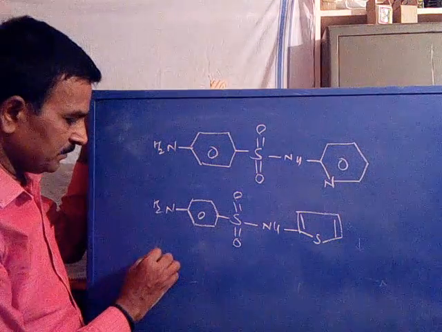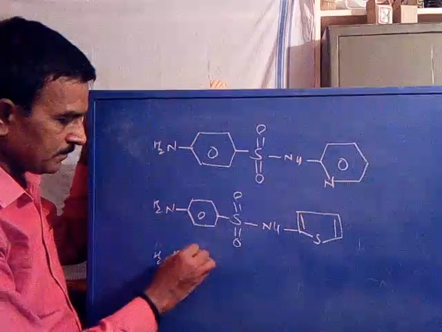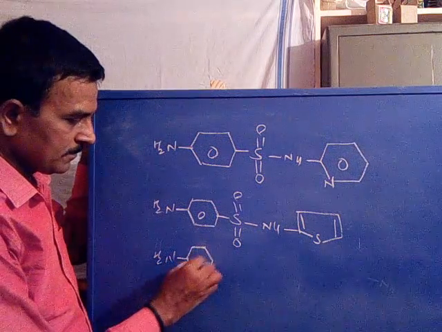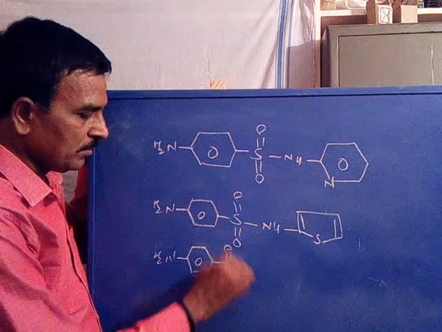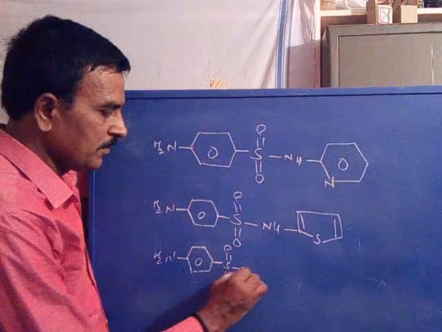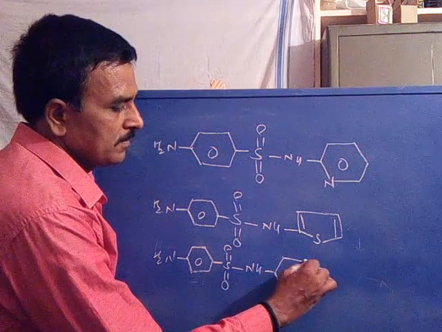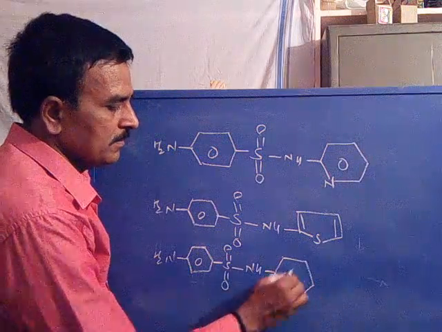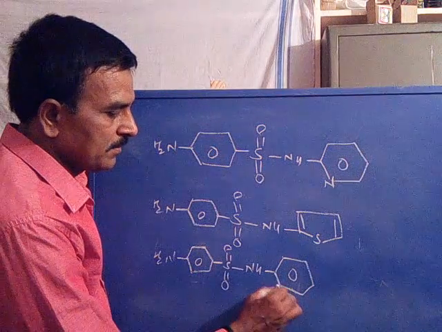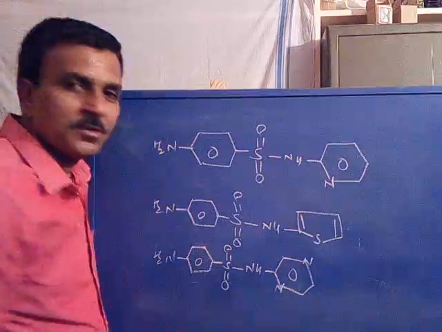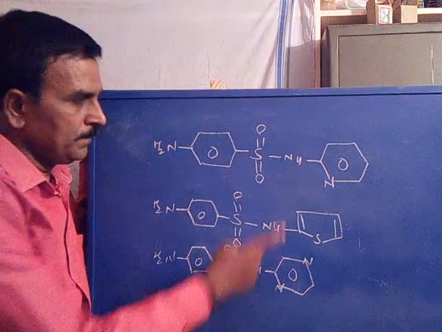Sometimes with diazine: H2N, S double bond O, S double bond O, NH, diazine nitrogen, 2-diazine, you see.